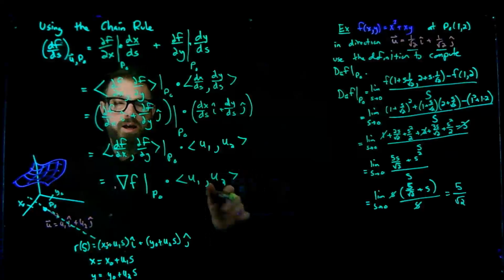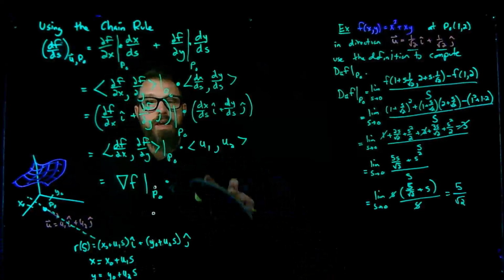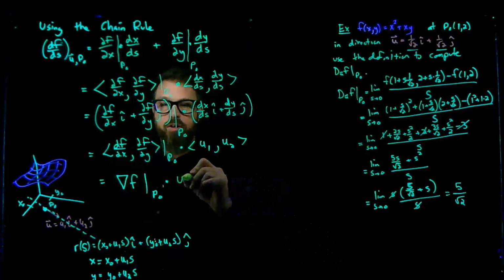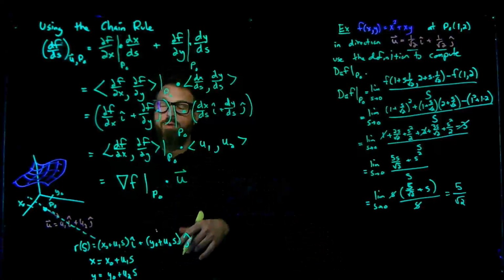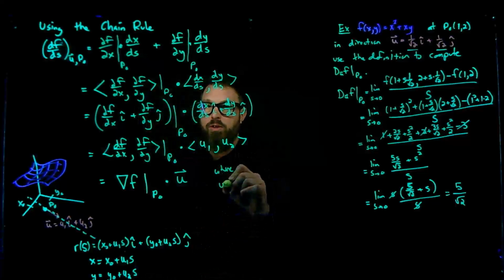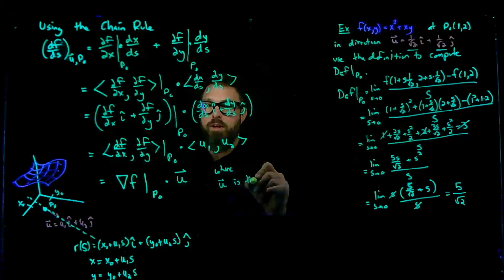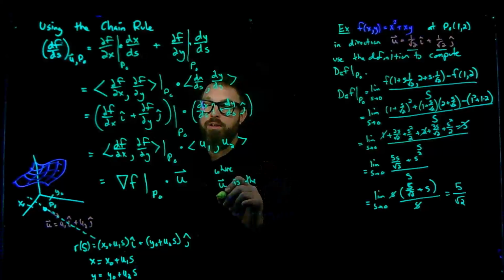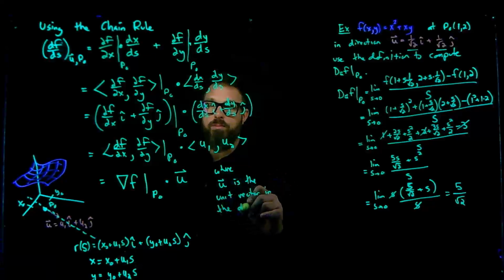Actually, what I'm going to do is write this as just u. Now note, u has to be a unit vector, where u is the unit vector in the direction.